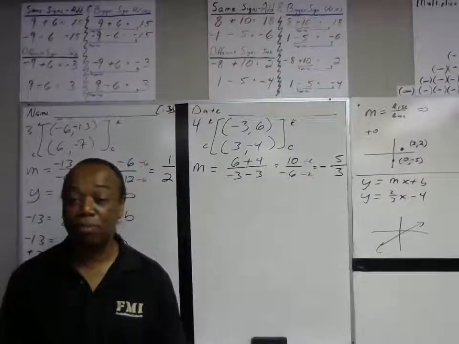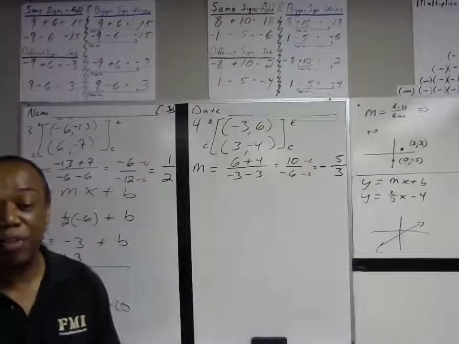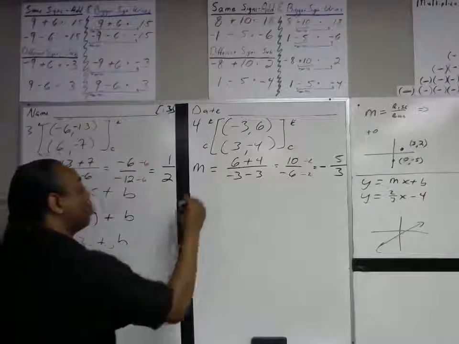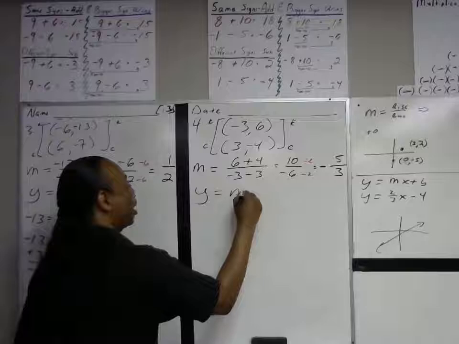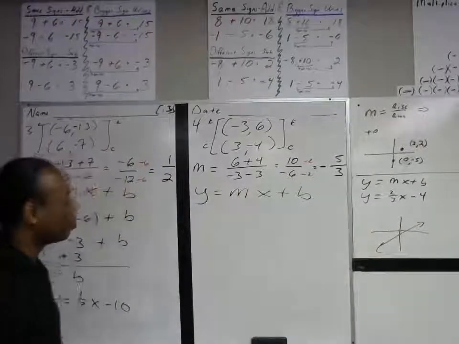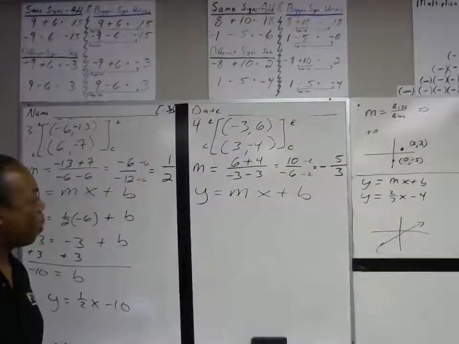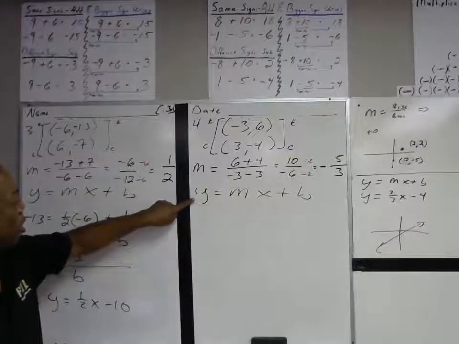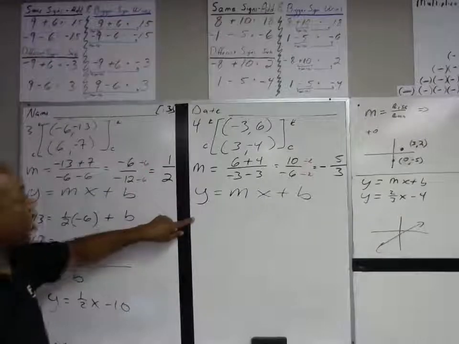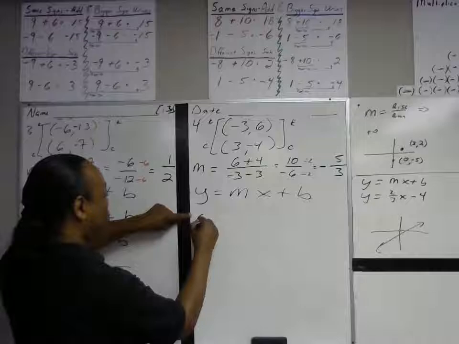Okay. All right. Time for the slope-intercept form. y equals mx plus b. Okay. I'm going to go backwards this time. Beckett, give me y. Your y would be 6. Exactly. Positive.